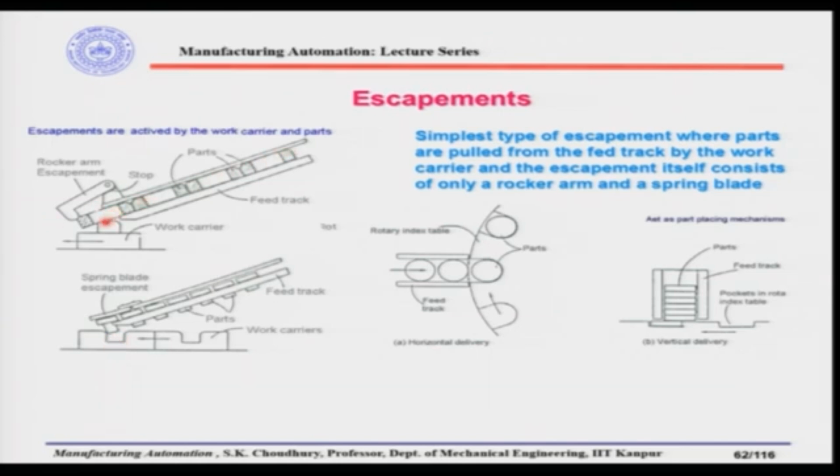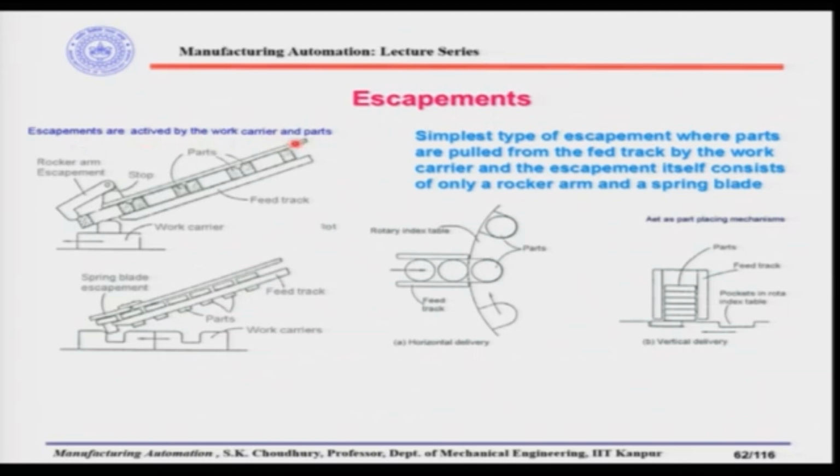So, when one part is coming here, the rocker arm escapement will stop the other parts from flowing down the feed track. Similarly, the spring blade escapement will resist the other parts to come to the work carrier when one part is taken. Now, in both these cases what is happening is that escapements are activated by the work carriers and the parts.